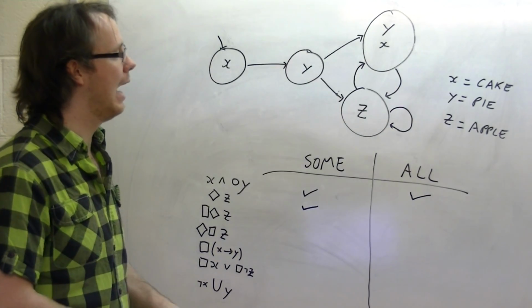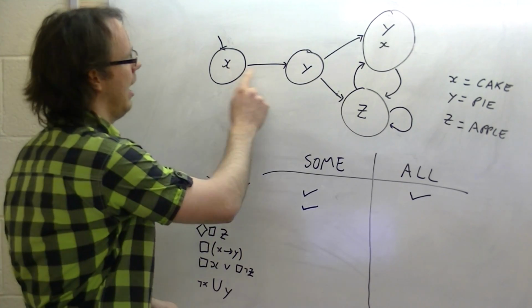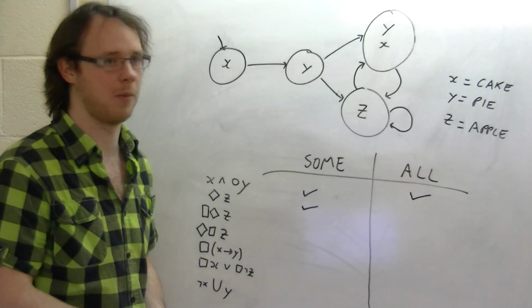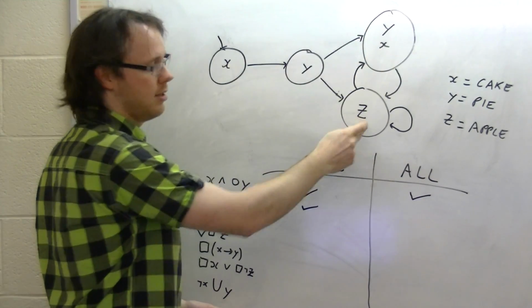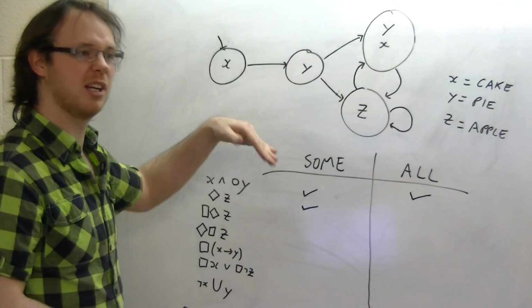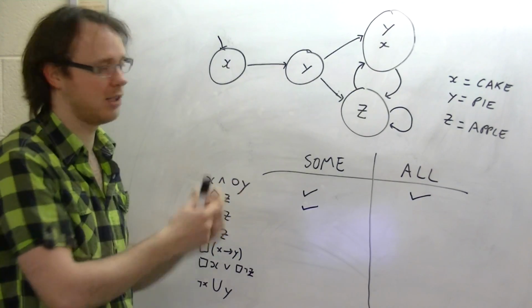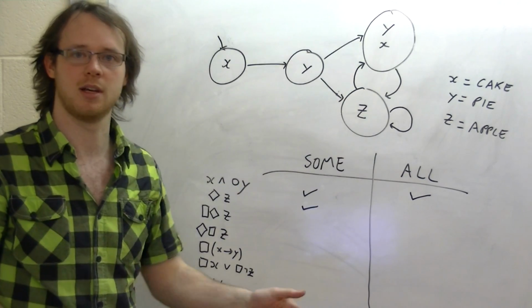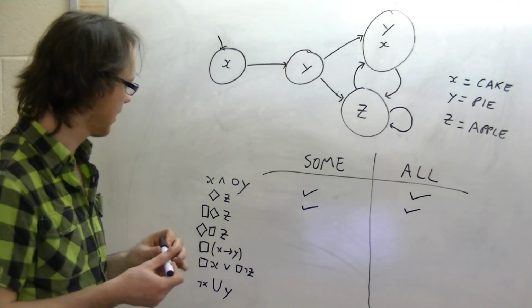The answer is yes, because x, y, z gets to one with apple, x, y, y and x, z do too. We've done a case analysis on the possible path prefixes, and they get to a z. So we always eat an apple. Our dentists will be happy.